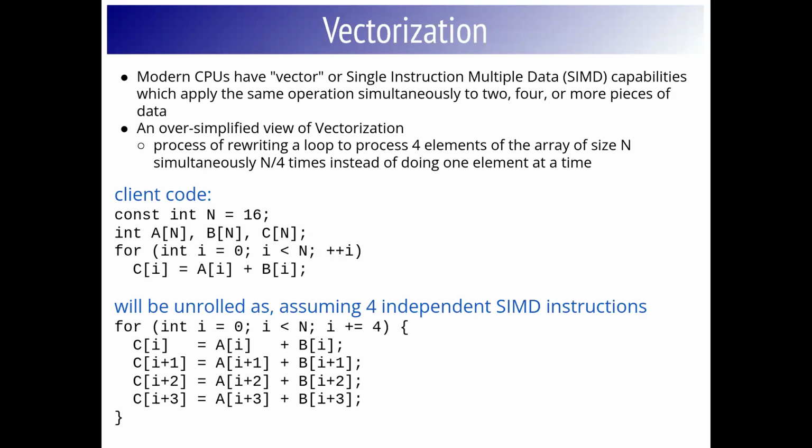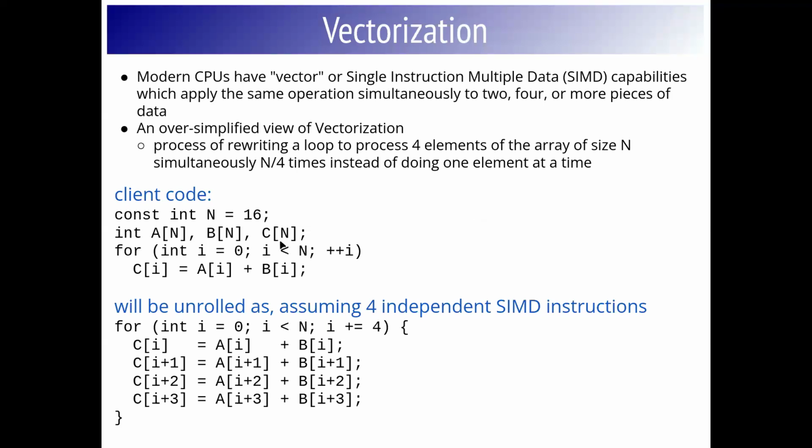Now, with any modern CPU, I think this is the case, you don't really bother about any detail of vectorization. You write your own code, and your compiler, or maybe some deeper part, will convert this code into the code which follows, where I am assuming that your CPU is capable of executing 4 such independent SIMD instructions.